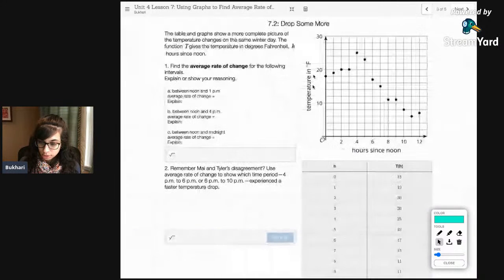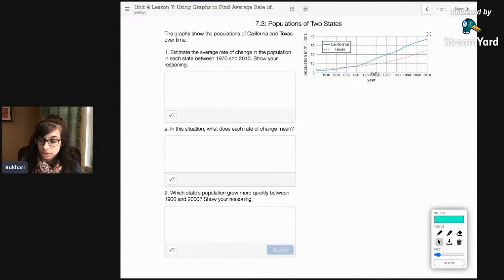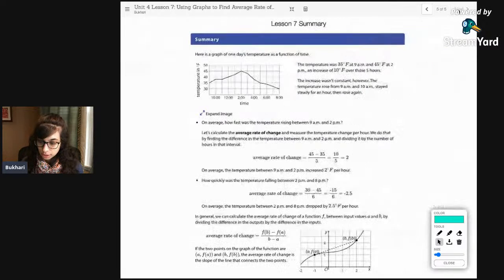In this context, we are talking about temperature per hour. What does it mean when I have population in millions and years? And then answer this question that goes parallel with the question right before. How quickly is it changing between 1990 and 2000? And that finishes our short lesson up.